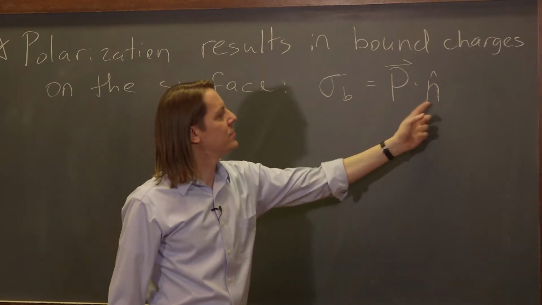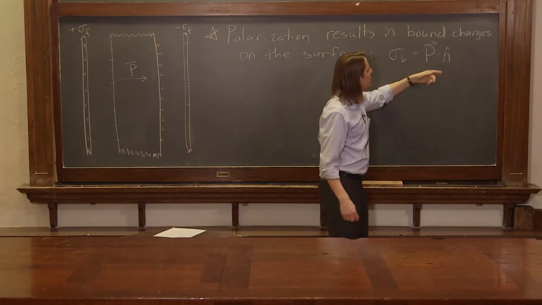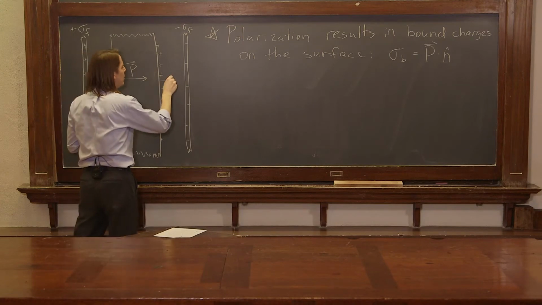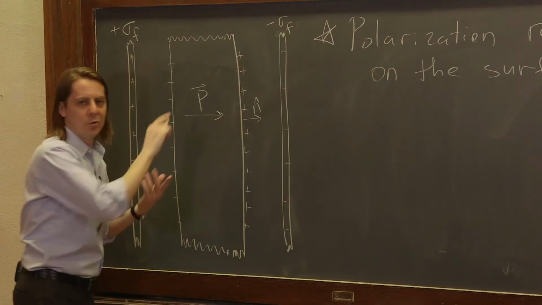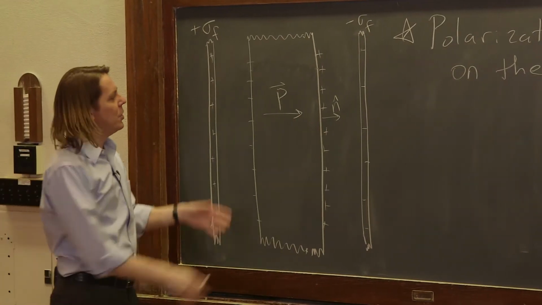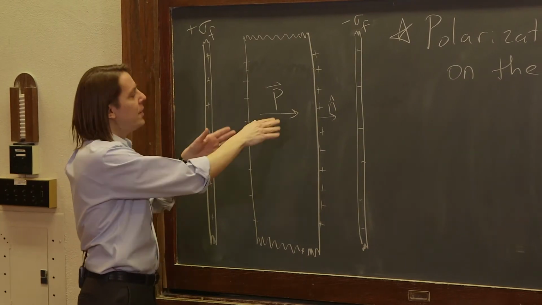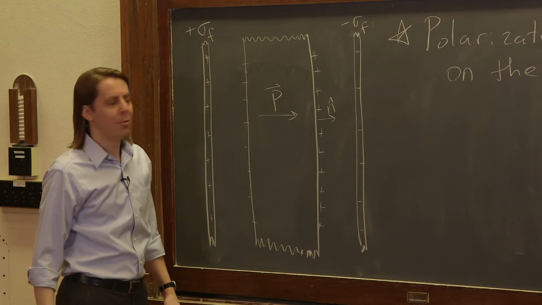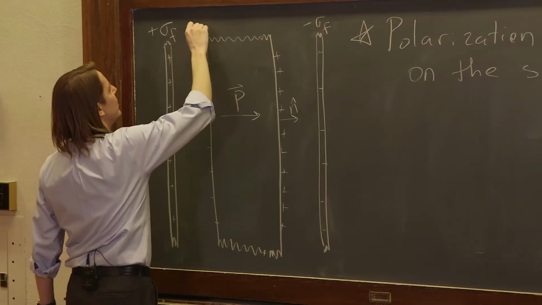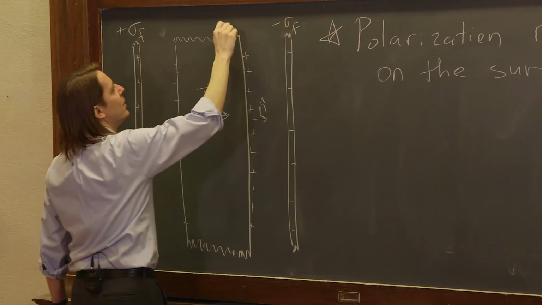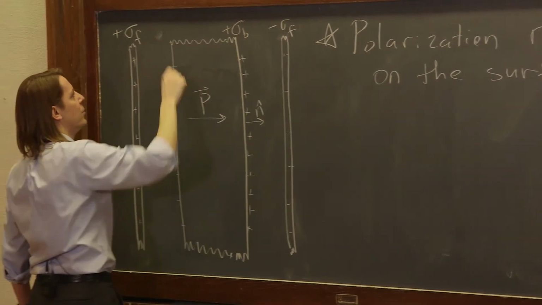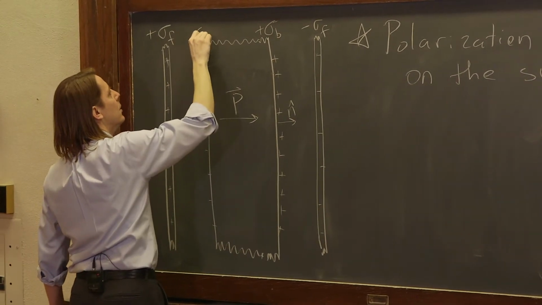So here, we're just saying that you have to take the dot product between the P and the N. And in our case, we're doing one dimension, so N is just normal to the surface anyway. So in this one-dimensional case, the charge density is simply equal to the magnitude of the polarization field. And the charge density then we could label as here on this side we have plus sigma, and I'll put B, to remind you that's the bound charge, and minus sigma B.